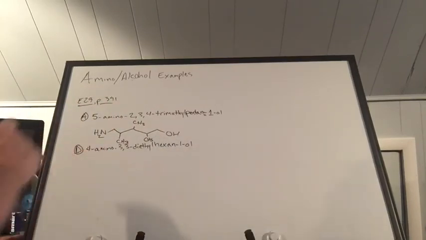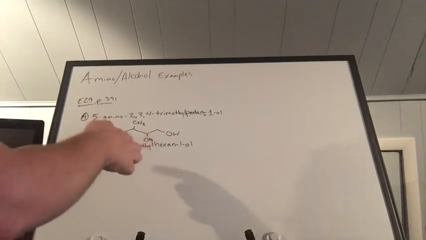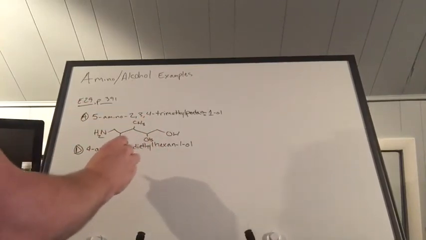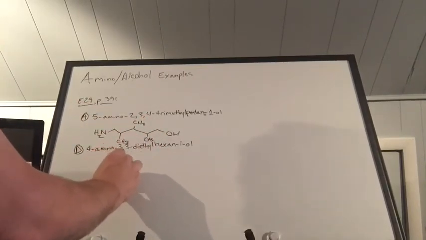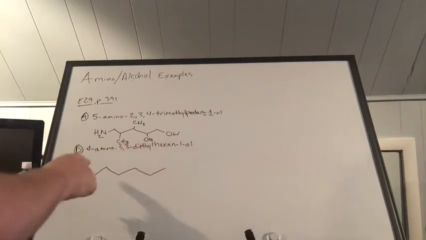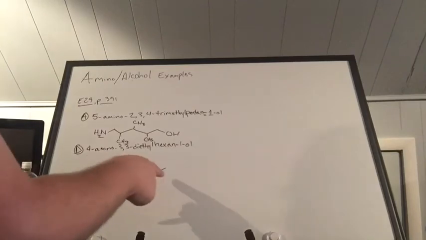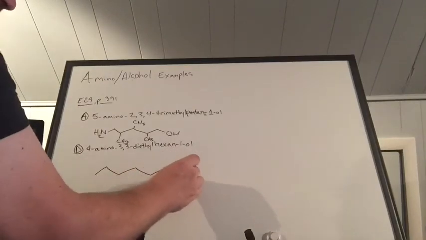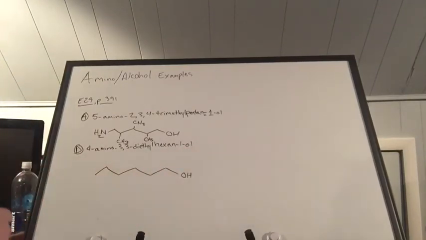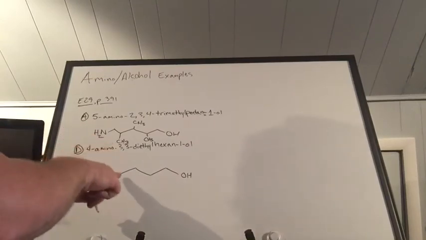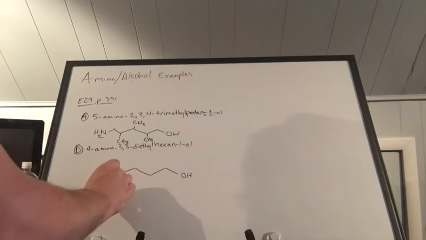Okay, so for part D, so that was an easy one. If we have hexane as the main structure, so 1, 2, 3, 4, 5, 6. Let's choose this to be number 1, so we'll put that OH right there. We have an amino group, which is going to be right here at the 4 position.